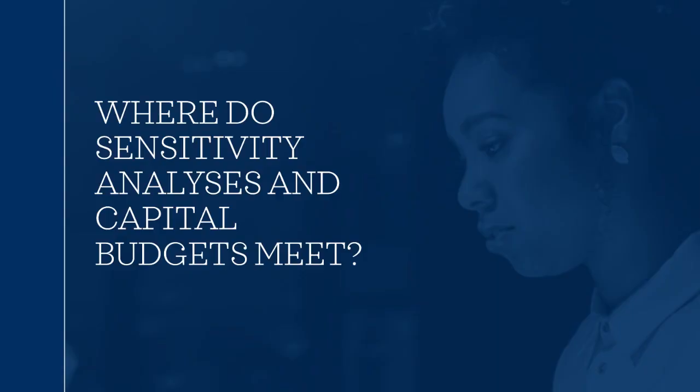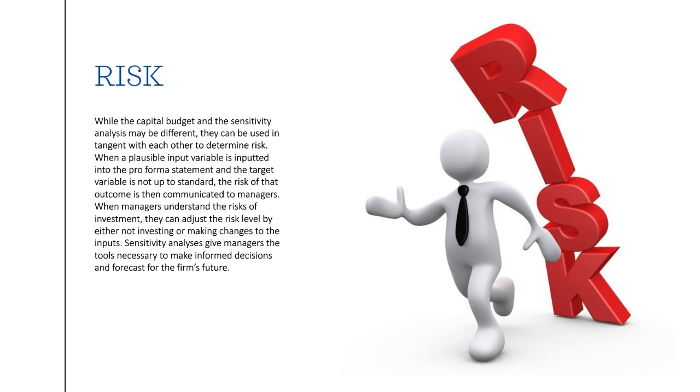Now, the question we ask ourselves here is, where do sensitivity analyses and capital budgets actually meet? Ultimately, the identification of risk is where the two become useful together. While the capital budget and the sensitivity analysis may be different, they can be used in tandem with each other to determine risk.